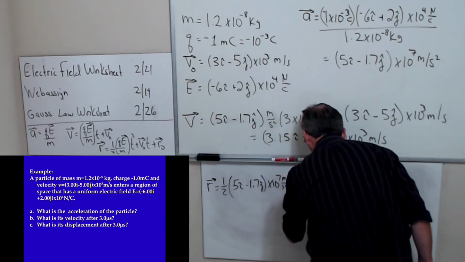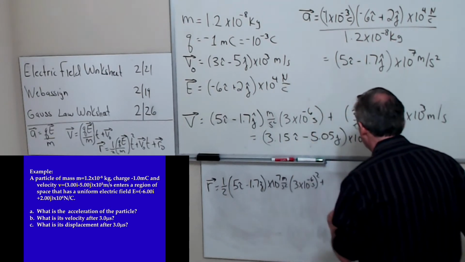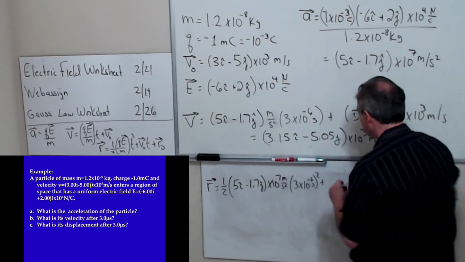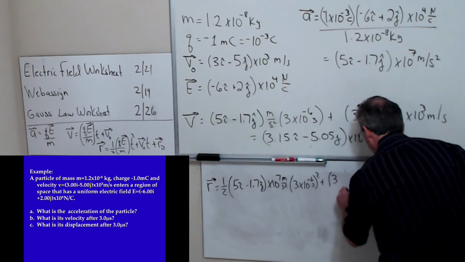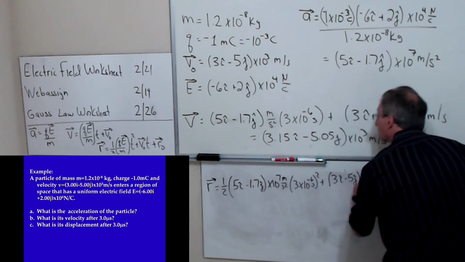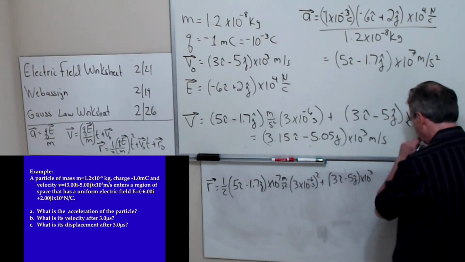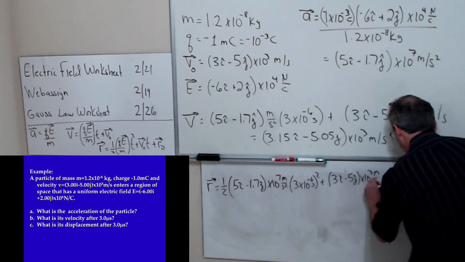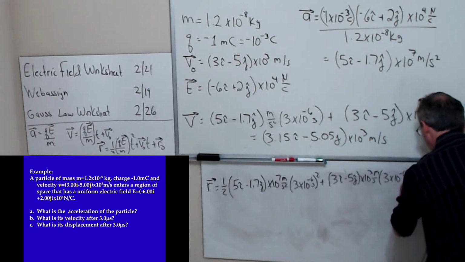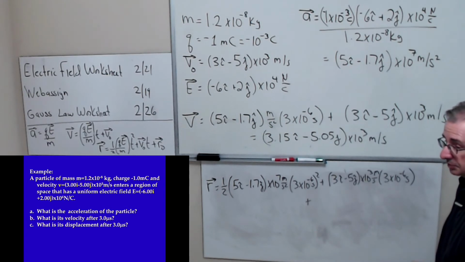I gotta square that. The initial velocity was this value. And then the last term is my initial position. My initial position is 0.